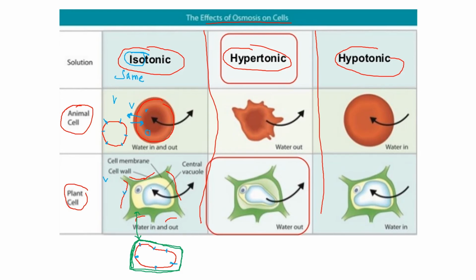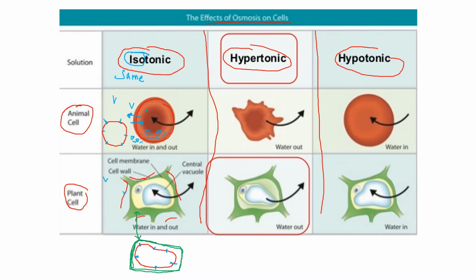As I was talking about in the previous lecture, for example, 0.9% salt inside of the cell and 0.9% concentration of the salt outside of the cell. So this is the same, isotonic.